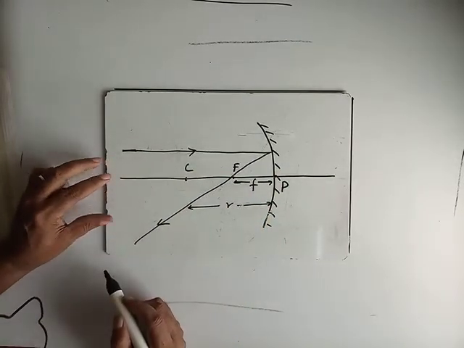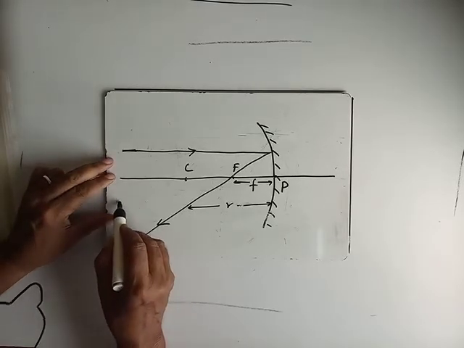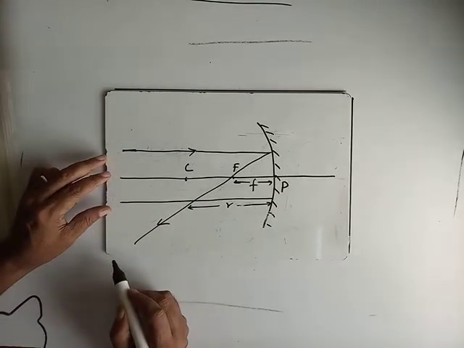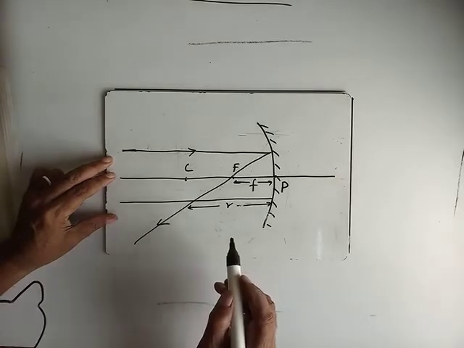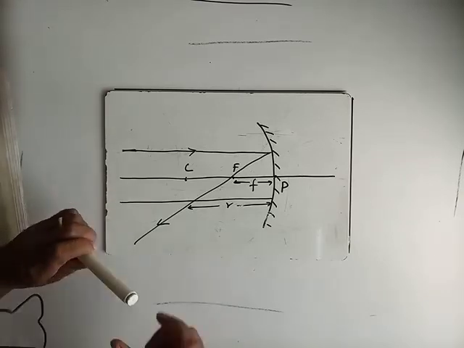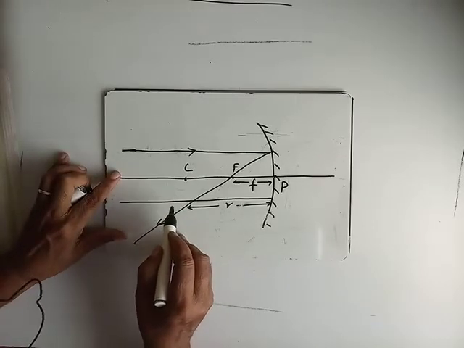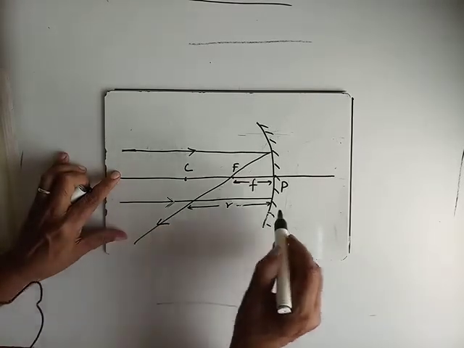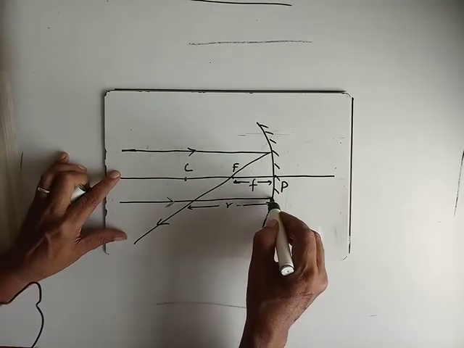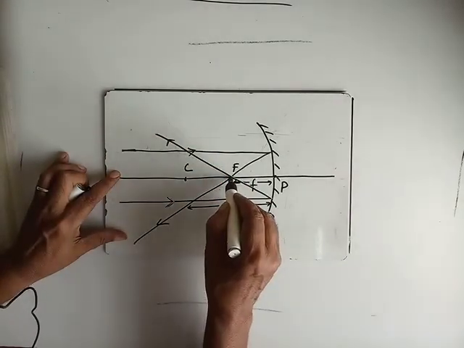Second, if you draw one ray downward like this, after touching the reflecting surface of the mirror it will also reflect back this way through the focus.